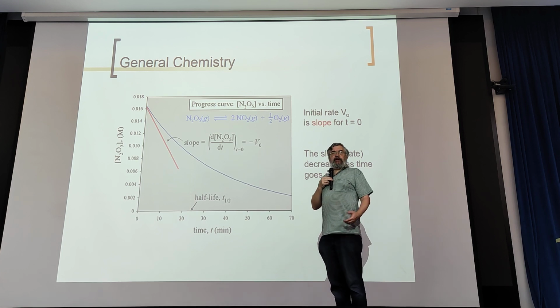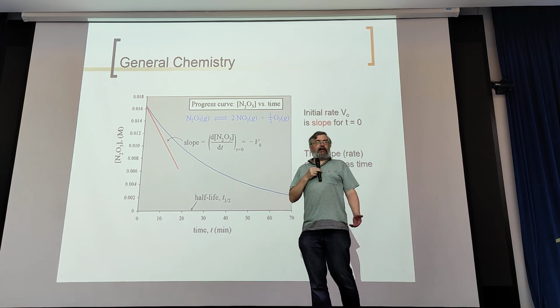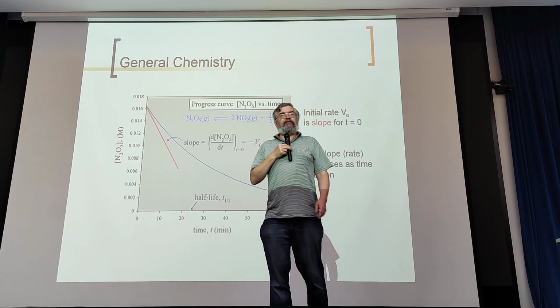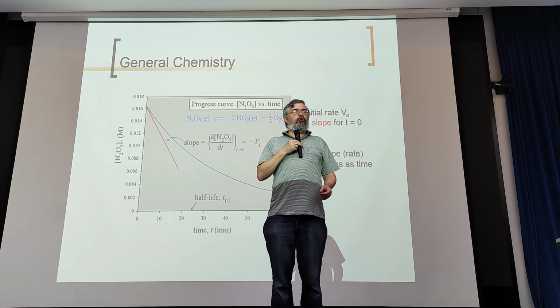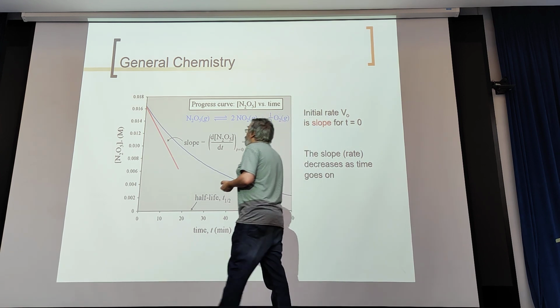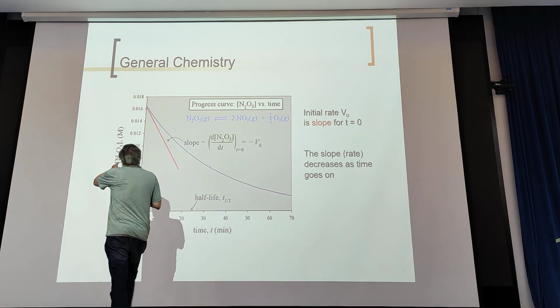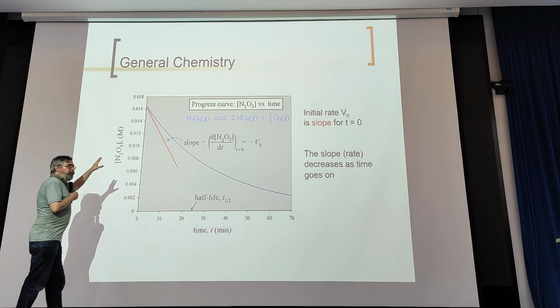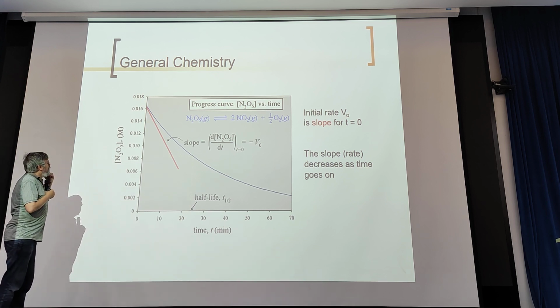Another thing that is sometimes important in kinetics is the half-life. The half-life is the time that you need to go to half of the original compound. So in this case, we start from about 0.016.